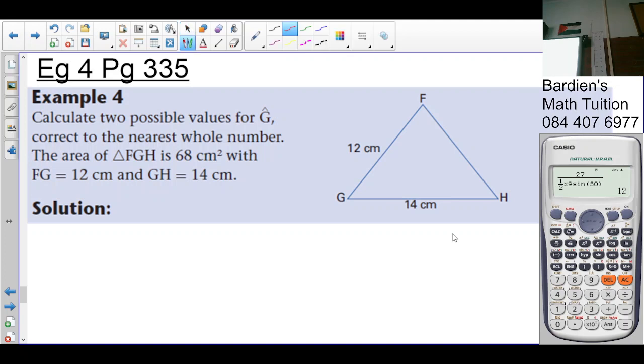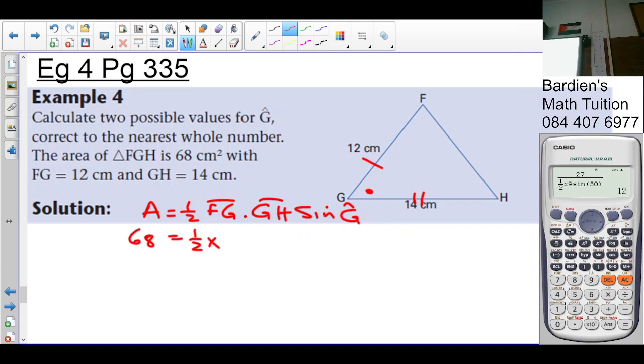Let's do this quickly. So the area is equal to, you want to work out this angle, so here are two lengths and an included angle. It will be half FG times GH sine of angle G. The area 68 is equal to half times FG is 12, GH is 14, sine of angle G. So I divide both sides by half times 12 times 14.